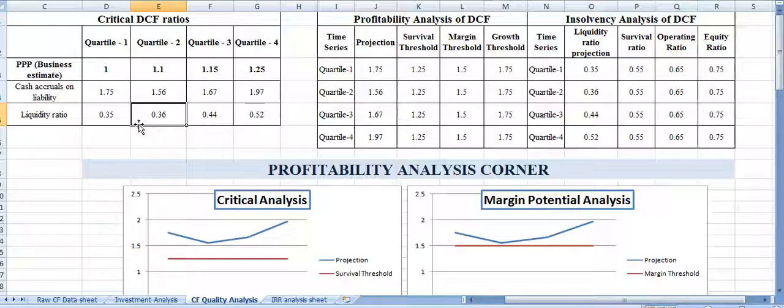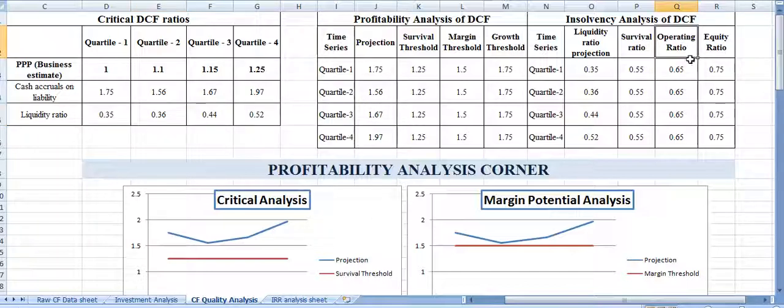And we look at the value chain efficiency within the industry and in the context of the macroeconomic fundamentals or various timelines, and eventually home in on what we would rather term as the survival ratio, the operating ratio, or the equity ratio.